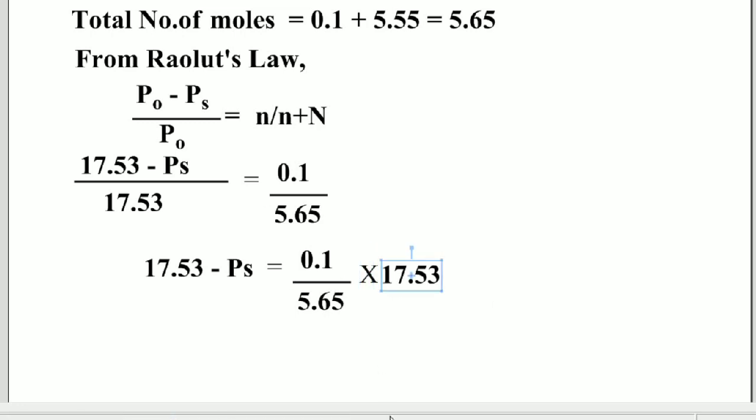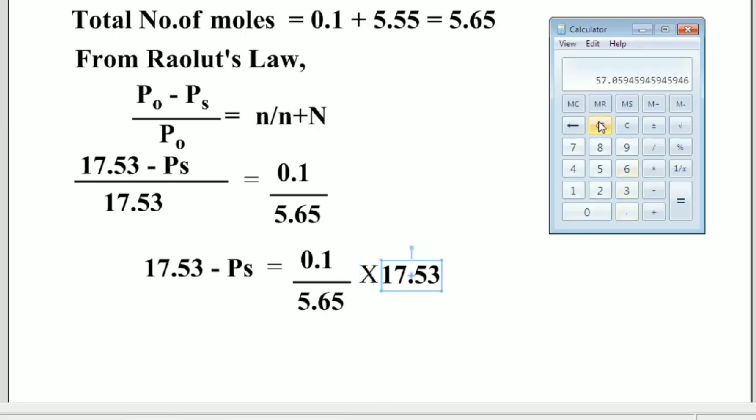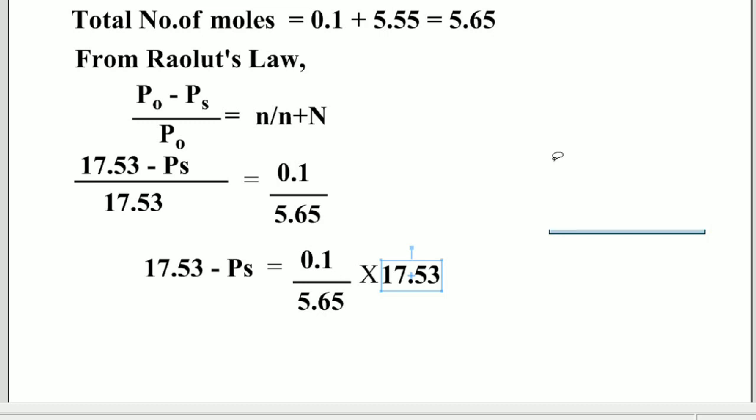So now we can calculate this one. 0.1 divided by 5.65 gives 0.0176, into 17.53 gives 0.3102.